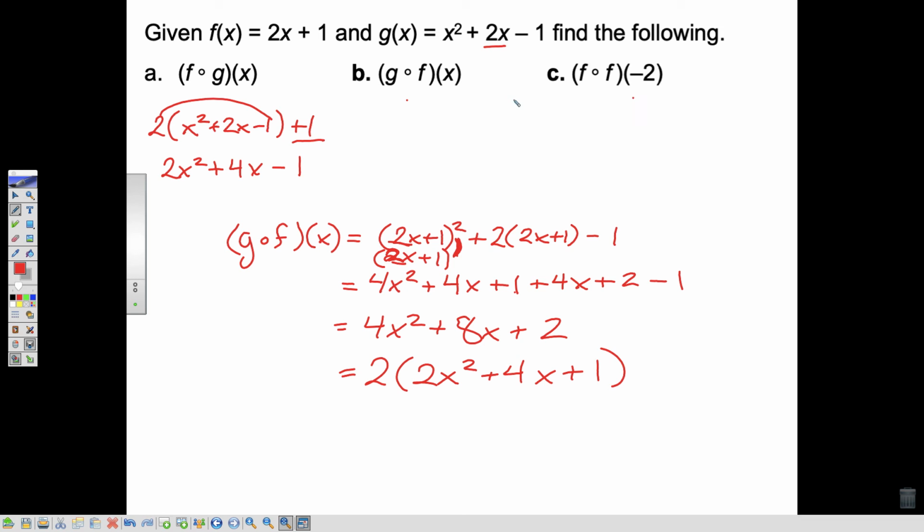Okay, so you should have what? 2 times 2x plus 1 plus 1. Everyone good there? Yeah. And then distribute your 2, right? So you have 4x plus 2 and I have 1, so plus 3. So now I need to plug in what? Negative 2.